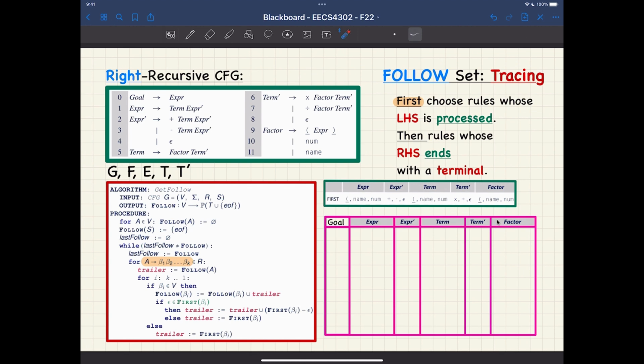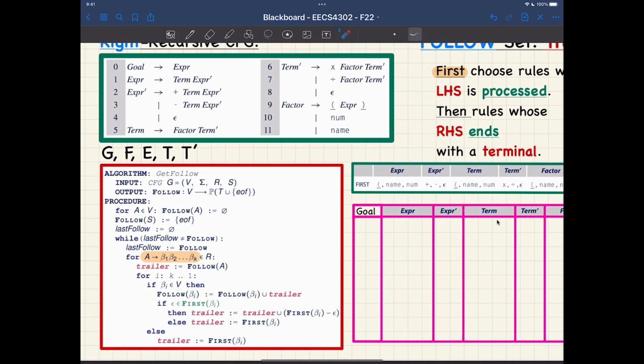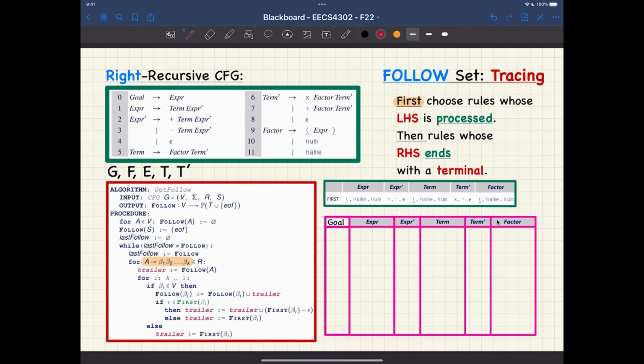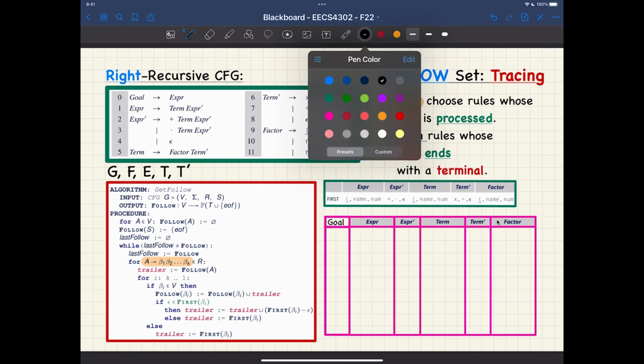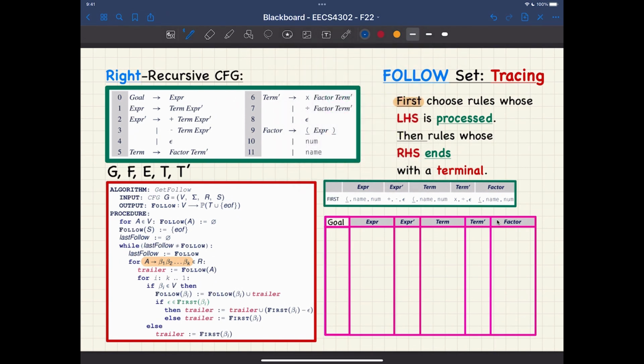Before that, let's now do some initialization. Let me first of all try to just execute this part over here. You can see that's the preprocessing before the loop. The follow of every variable is just going to be empty. So you can see nothing here, right? All the variables, nothing here.